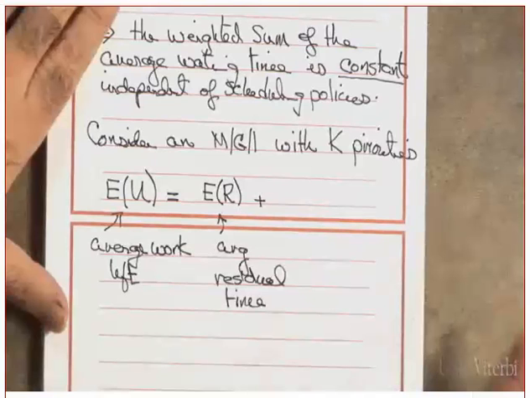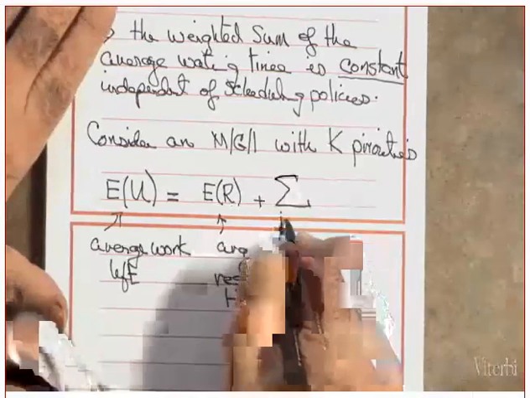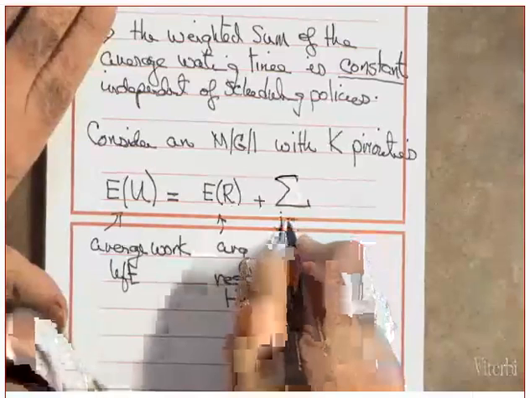What is E of N Q J? This is the average number of packets of class J in the queue. And this is how long on average it will take to serve. Now what is this?